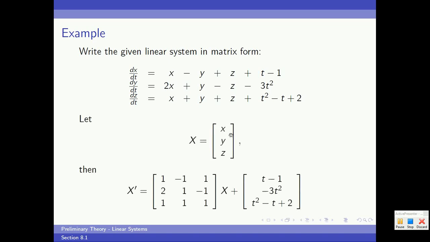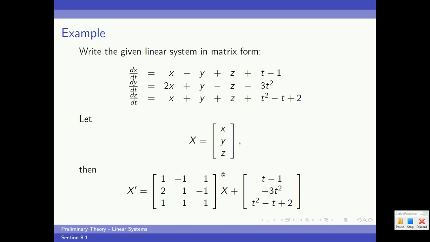So we're going to let X be x, y, z. The coefficients in front of your x, y, z here become your matrix A. So again, this is a 1 that goes here in the first column. Make sure these are in the same order as what you put x, y, and z here. If they are written in the same order, then you can just pick off the coefficients. So what's in front of the x, it's a 1. What's in front of the y, it's a -1.